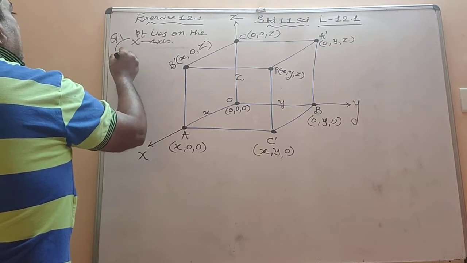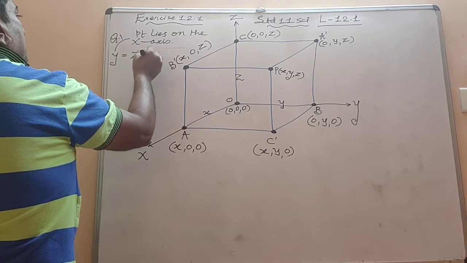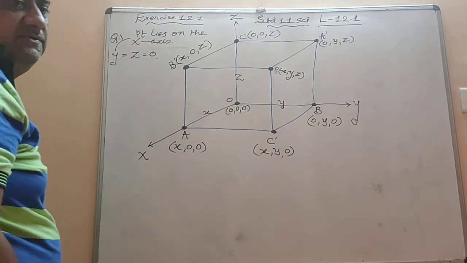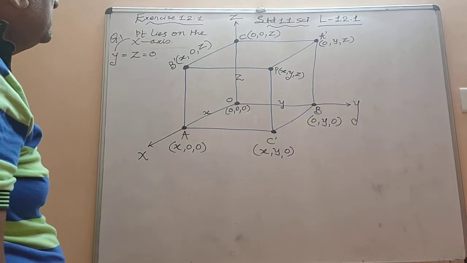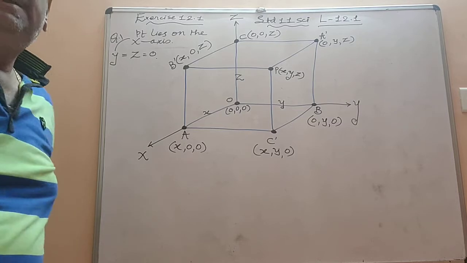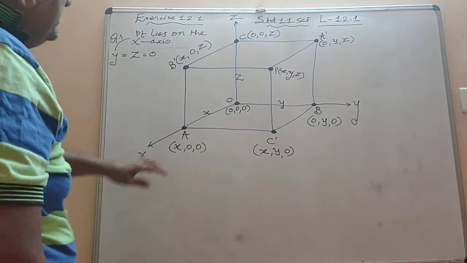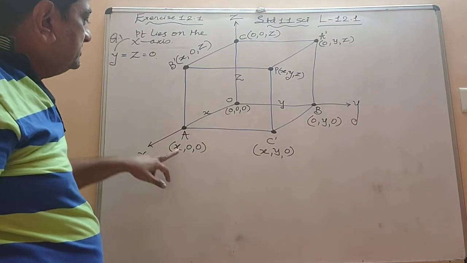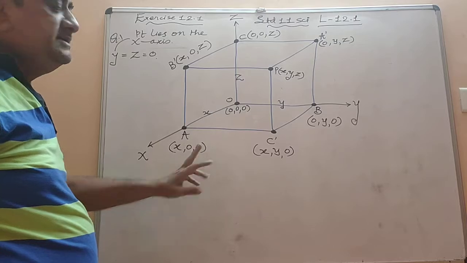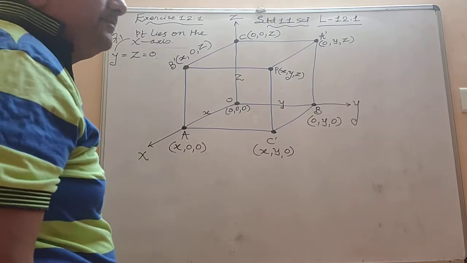So y and z, both components are 0. So question number 1, read in your textbook. What is in question number 1? If a point lies on the x-axis, then its x component is x, but y and z components are 0.